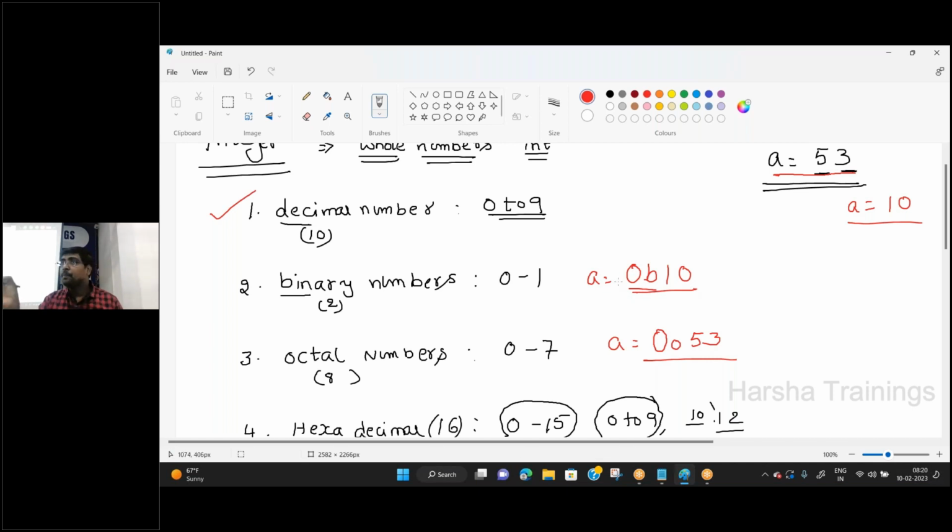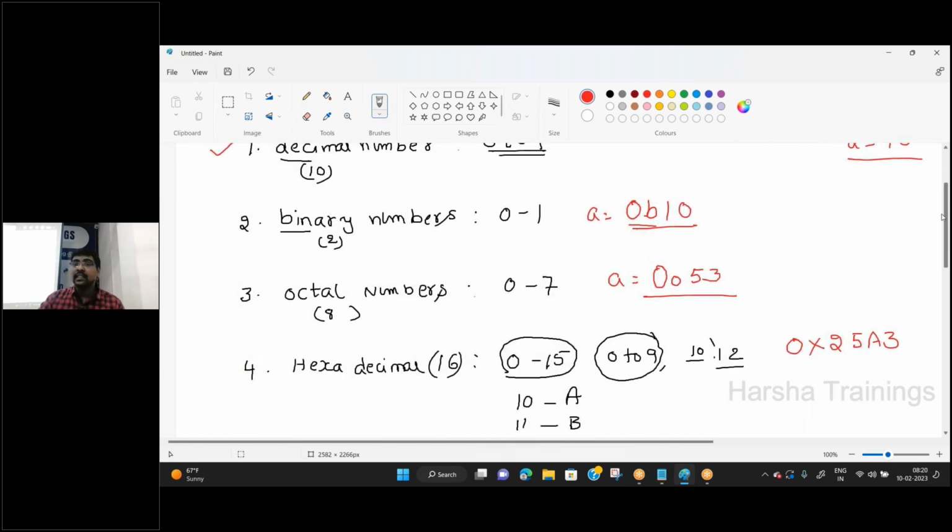Prefixed with 0o, that is an octal number. Prefixed with 0x, like 0x25A3, that is a hexadecimal number.